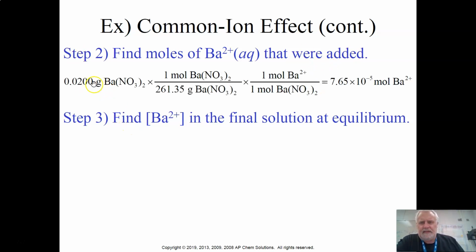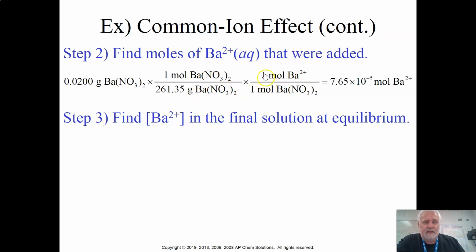We're going to do this. You took this many grams. This is grams to moles. And this is an important step because sometimes if you're looking at this ion, like if I was doing nitrate, there'd be 2 moles for every 1 mole of barium nitrate. But I'm doing barium, and there's just 1 mole of barium per 1 whole formula unit.